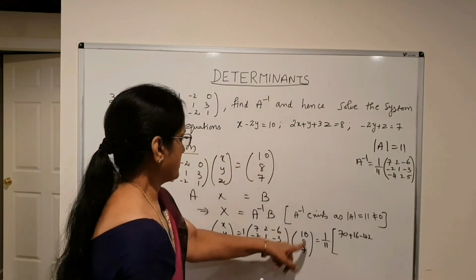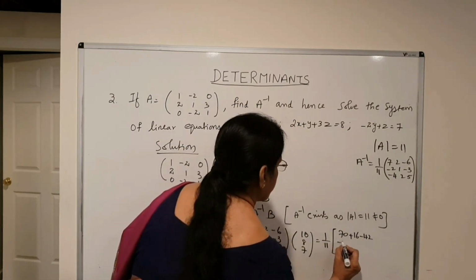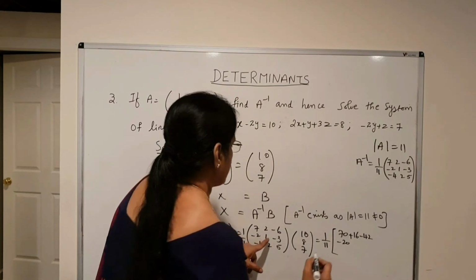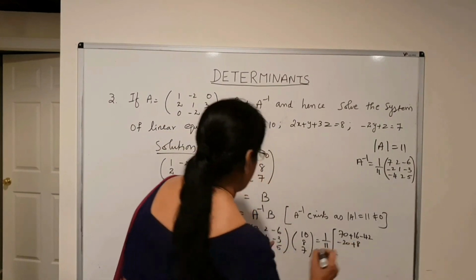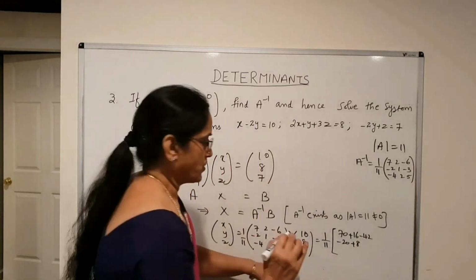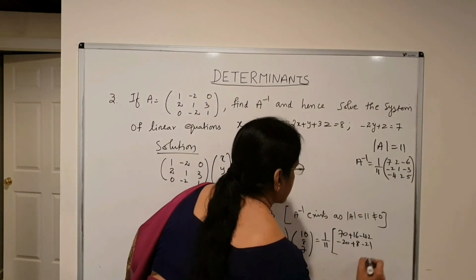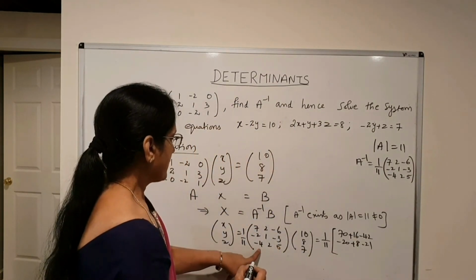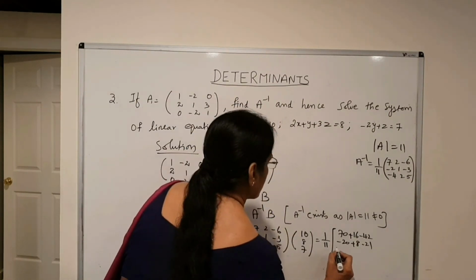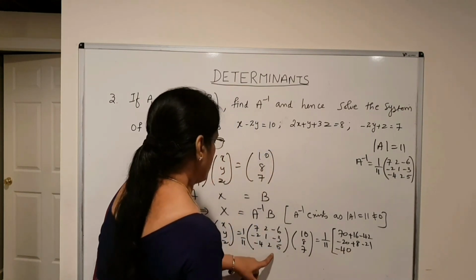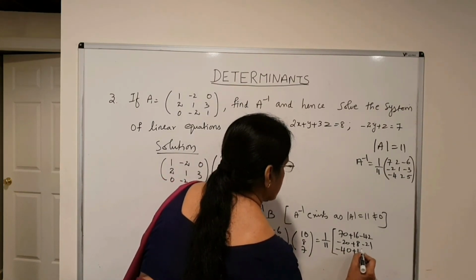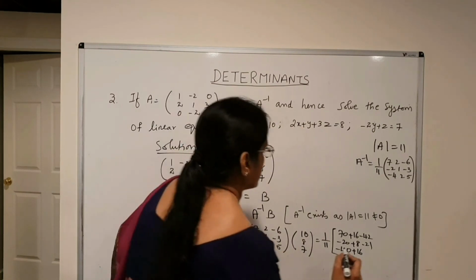Then second row: minus 20 plus 8, minus 3 into 7, minus 21. Then minus 4 into 10, minus 40, 2 into 8, plus 16, 5 into 7, 35.